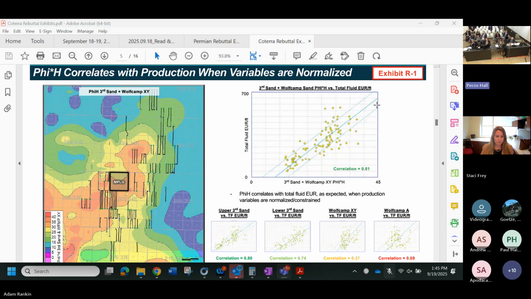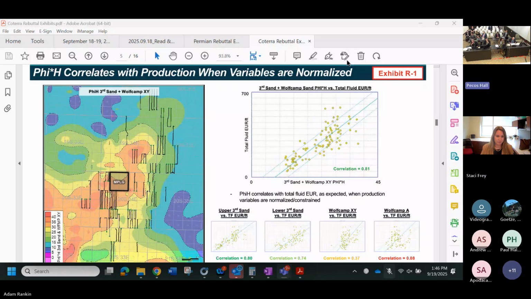Good afternoon, Ms. Fry. Looking at your rebuttal exhibit R1, my understanding is that this relates to correlations, not to an R-squared analysis, correct? Correct. And so if we were to convert this to an R-squared analysis, we would simply square the correlation coefficient, correct?